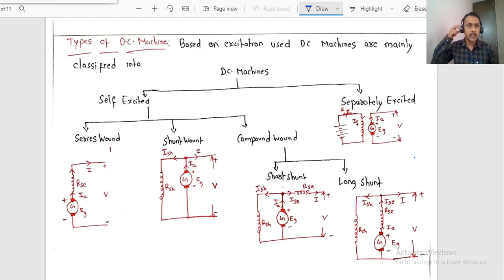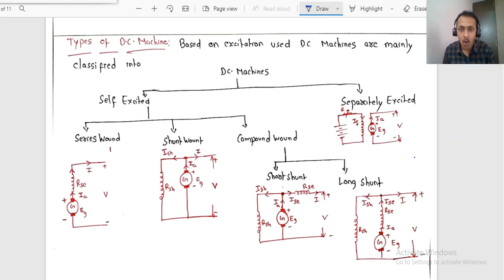With respect to the generators, dear students, in series wound the field winding is in series with the armature, whereas in shunt wound the field winding RSH is in parallel to the armature.